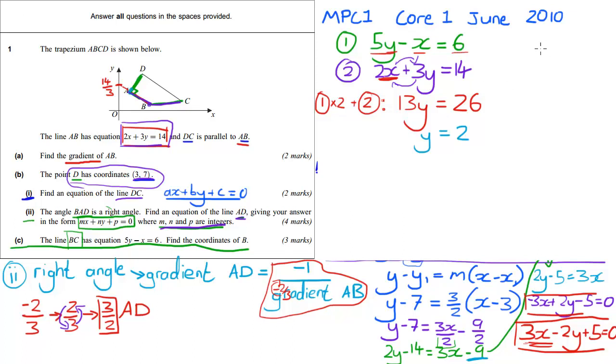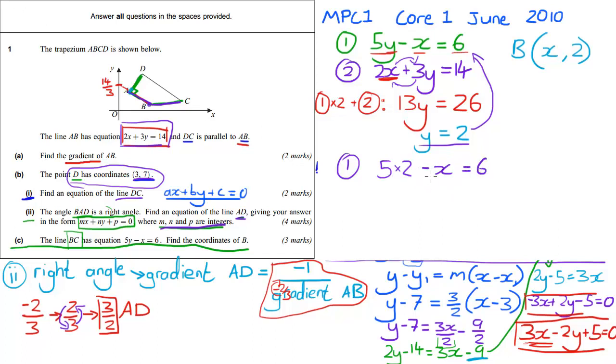So we can already say the coordinates of B, we're going to have some x, and the y, we already know that is 2. So let's try and find out what x is going to be by putting y equals 2 into one of these. For example, number 1, you can choose any of them, but for number 1 we have 5 times 2 minus x is equal to 6.